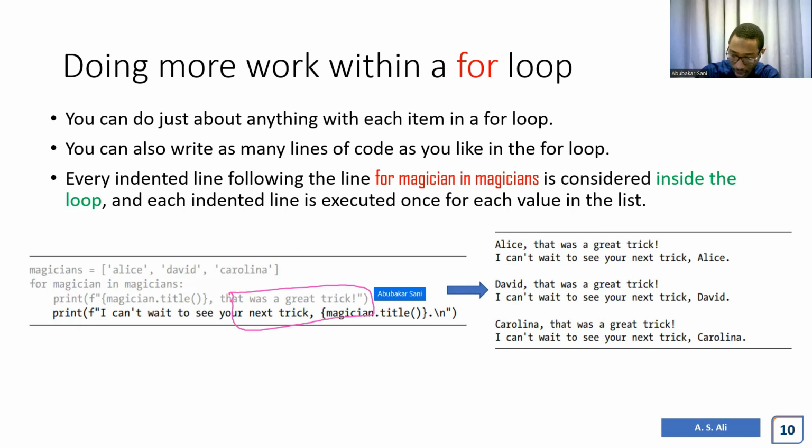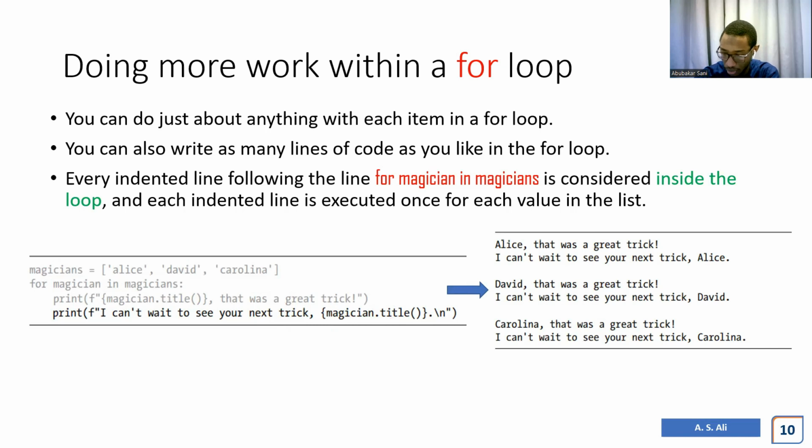Whatever comes after this for statement and is indented is going to be looped over and over again as long as the condition set here is true. If this condition is true, that is, we have not exhausted all magicians in the magicians list, then these two lines are going to keep being executed.